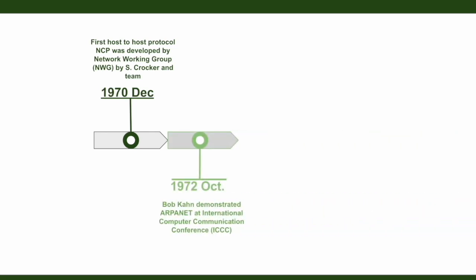In December 1970, the first host-to-host protocol, called NCP, Network Control Protocol, was developed by the Network Working Group, a team headed by Steve Crocker. In the year 1972, Bob Kahn demonstrated the ARPANET at the International Computer Communication Conference, ICCC.